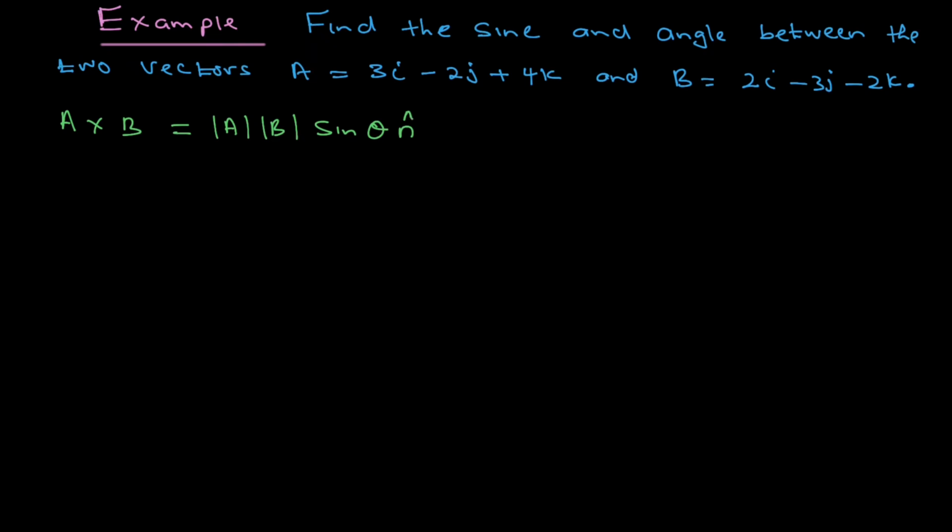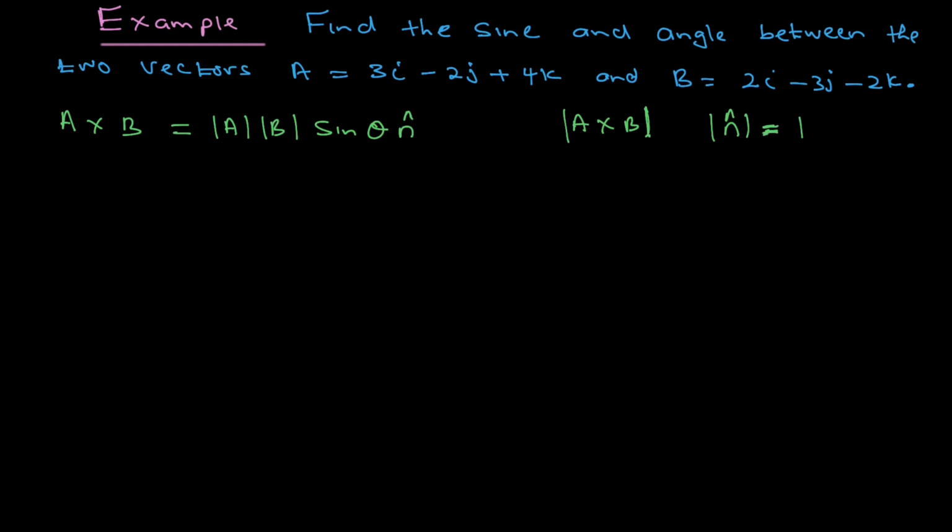All right, and so ultimately we want to rearrange this equation to be able to find the sine of that angle. In order to do that, we need to find the modulus of A cross B. Once we get A cross B, we want to find its modulus. Then we need to rearrange this equation. But at the same time, the modulus of N is going to be 1, because it's a unit vector there.